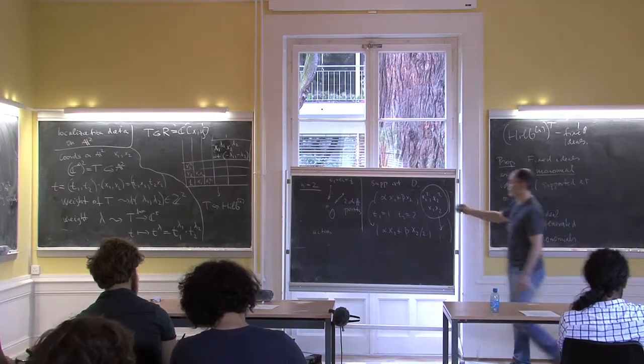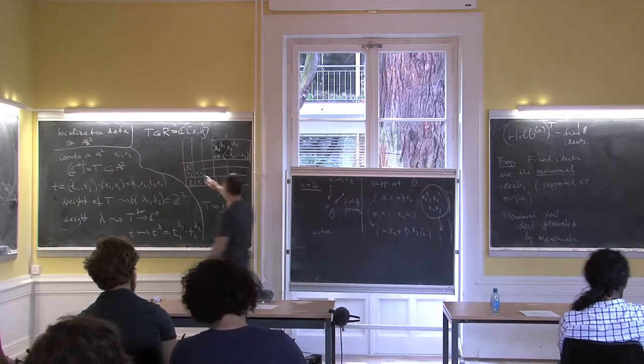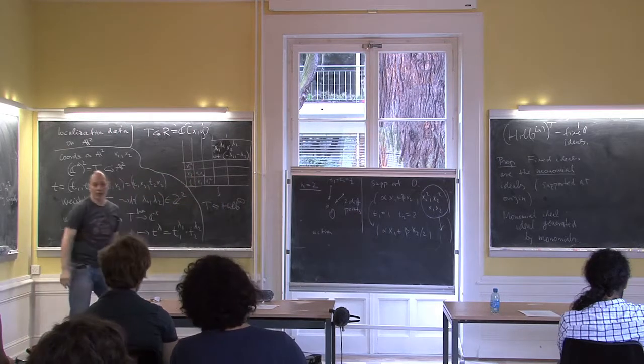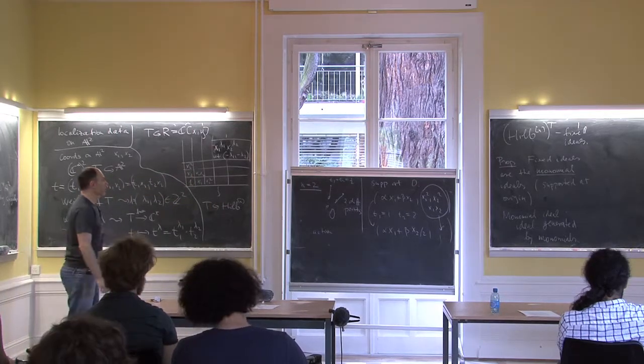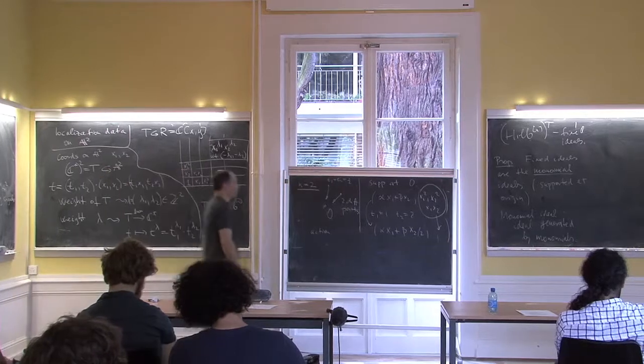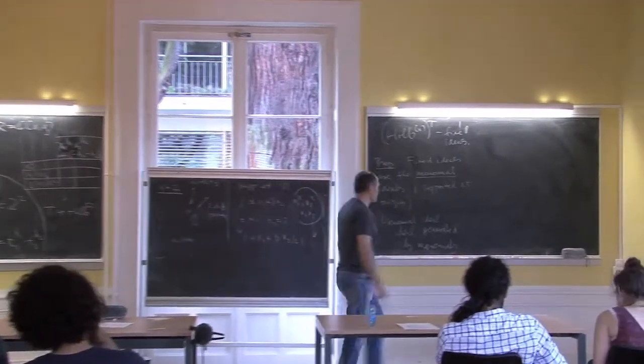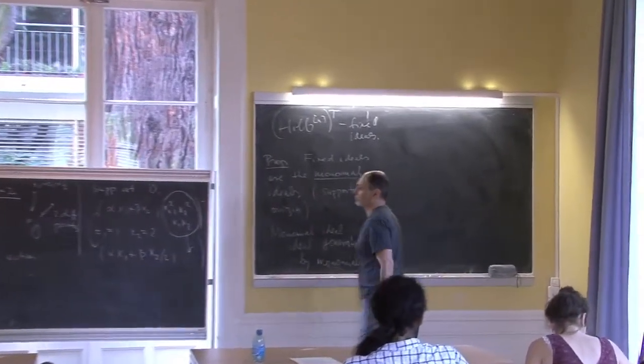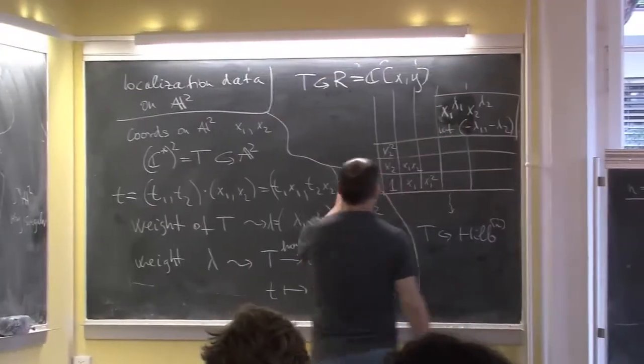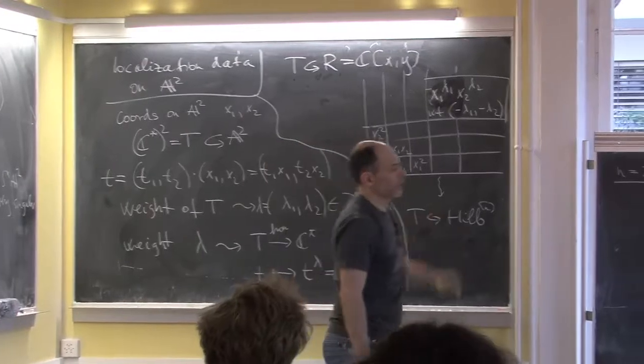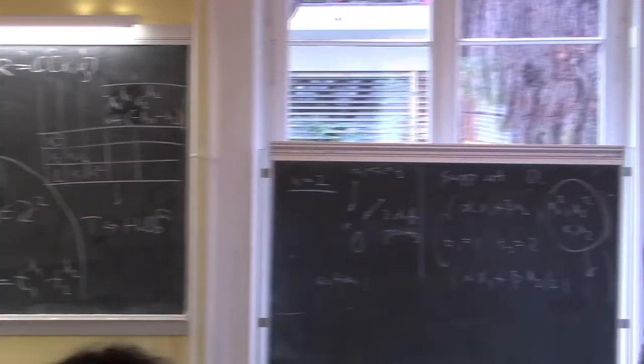So a monomial is something like these things that you see here. These are the monomials, one of these basis elements. Okay? So this is a simple fact because the monomials are the eigenvectors of this torus action.